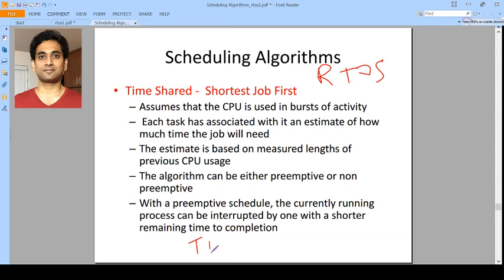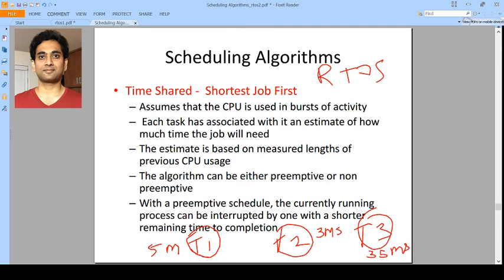Let's say there are tasks T1, T2 and T3 that an operating system has to schedule. Then the operating system sees how much time is needed for task T1 to finish, for T2 to finish, for T3 to finish.